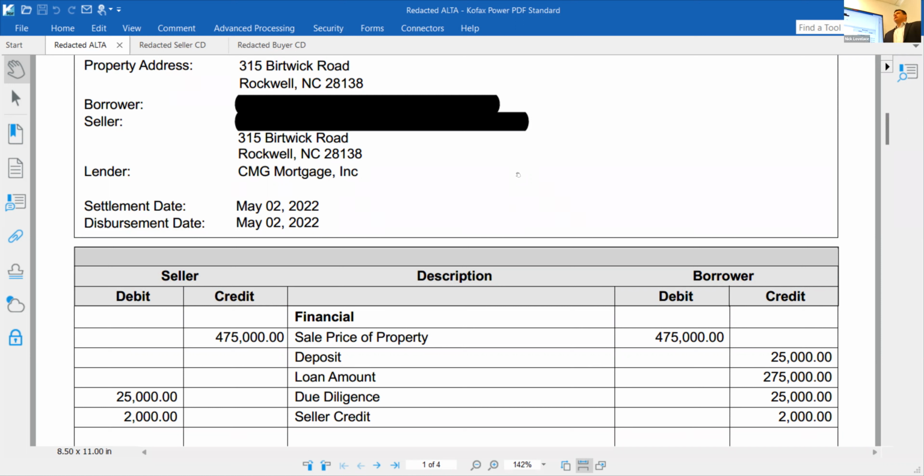Now, the reason that's important is because if you are scheduling a mail away transaction, you need to explain to your clients that if your settlement date is May 2nd, and you'll notice on the contract, you're not writing date of closing, you're writing date of settlement. So if the closing date that the lender has is May 2nd, but you're doing a mail away closing, the deed will not record until the following day, on May 3rd.